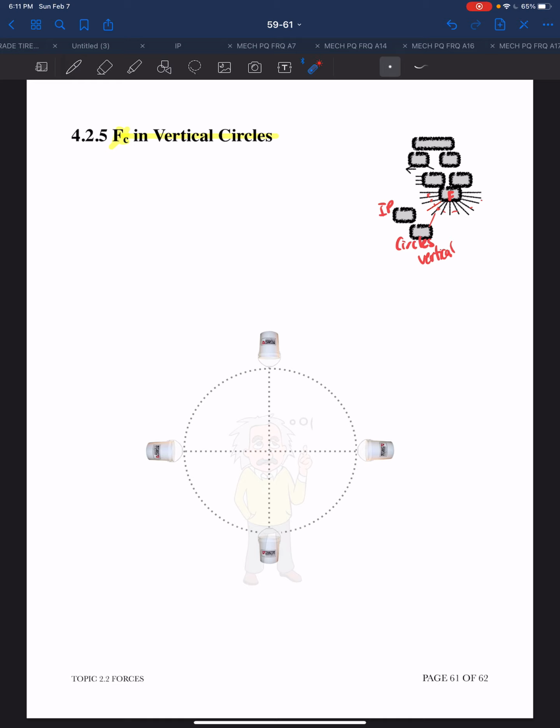So in this case, we are going to be considering a case where it's traveling at constant speed around the circle. If we look at it from that perspective, we will focus on the centripetal acceleration, which is v squared over r. The speed we're going to keep constant, and the radius of this circle is constant.